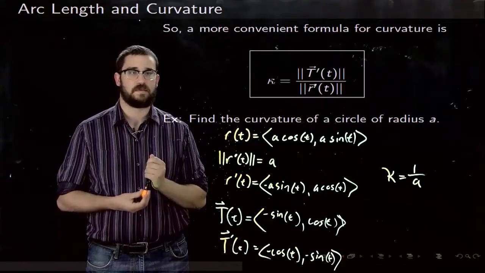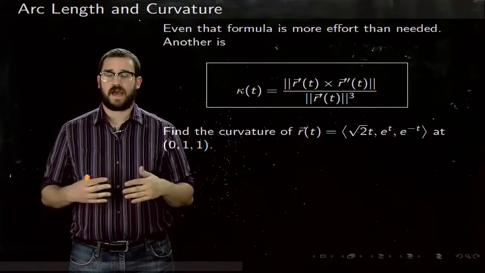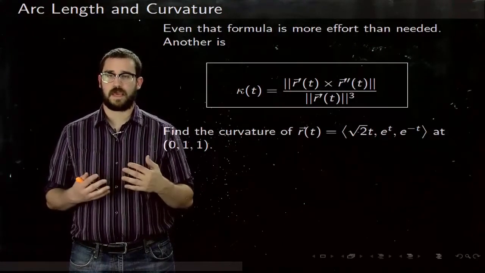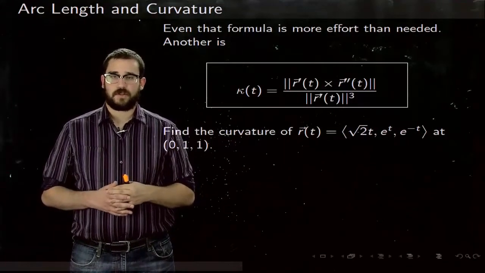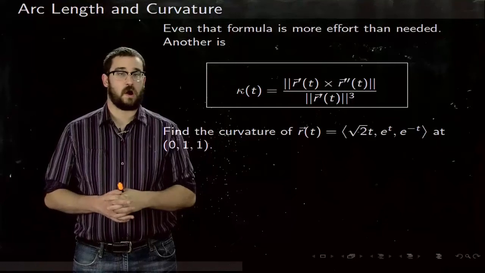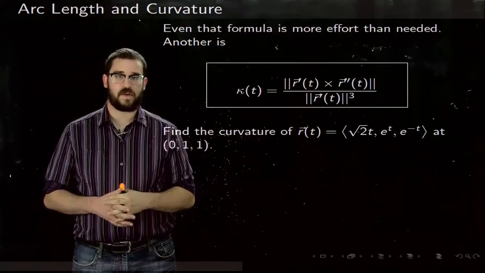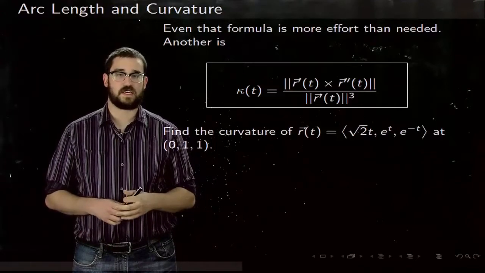And that was a pretty easy way to figure out the curvature of a circle of radius a. If things get too hairy, there's another formula that could help us figure out the curvature. Curvature would also be equal to the magnitude of r prime of t cross r double prime of t, all divided by the magnitude of r prime of t cubed.